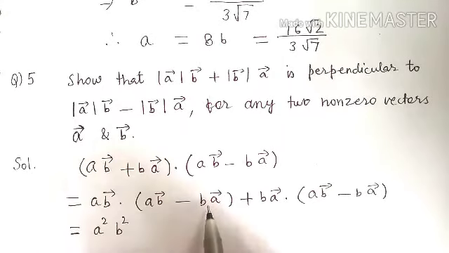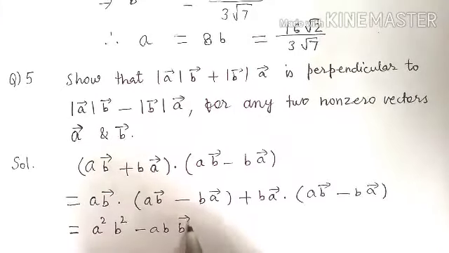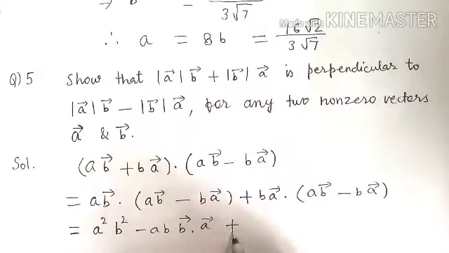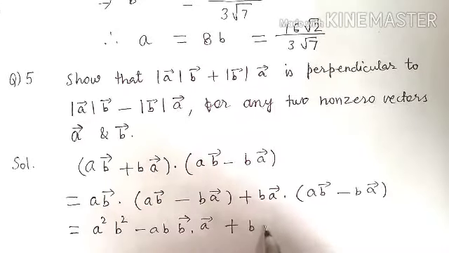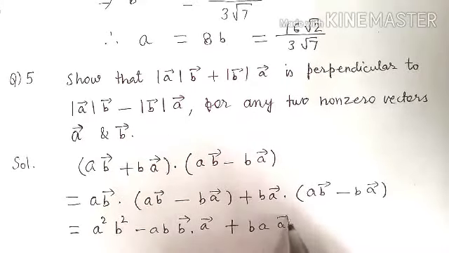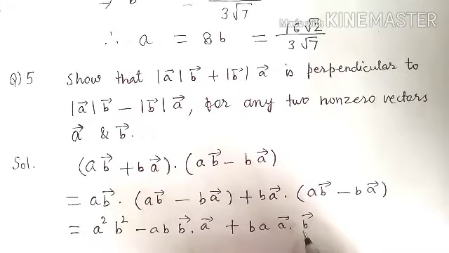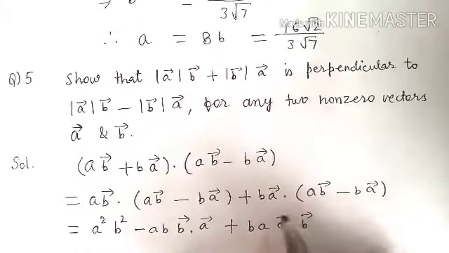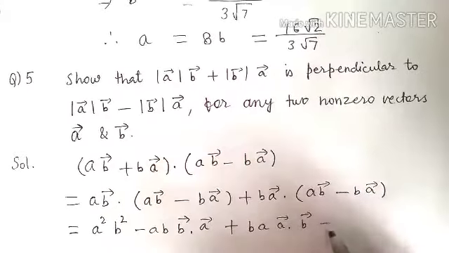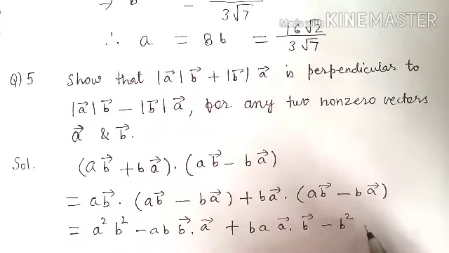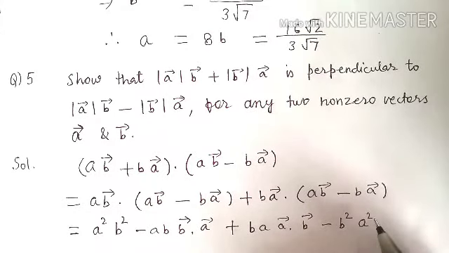Then A vector B dot minus B vector A gives minus AB times vector B dot vector A. Here BA times vector A dot vector B. We put the dot sign between vectors and multiply as scalars. Then minus B square times vector A dot vector A, which is A square.